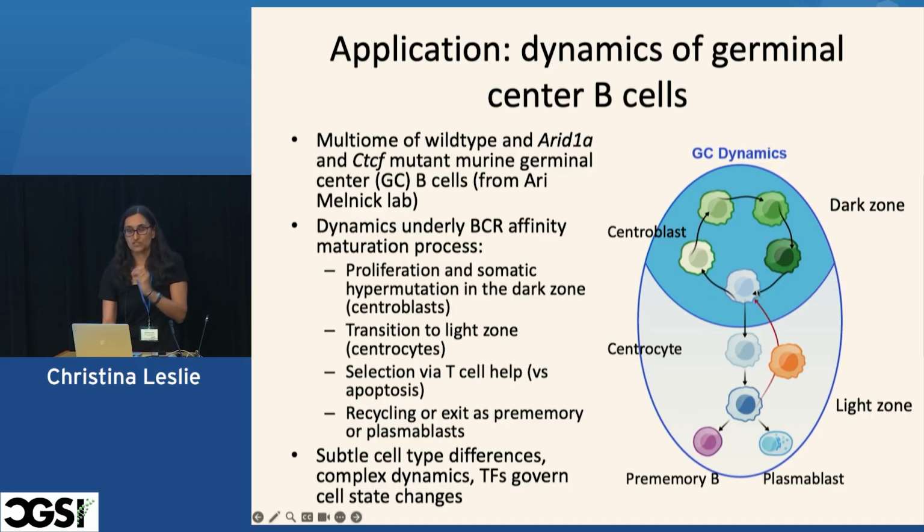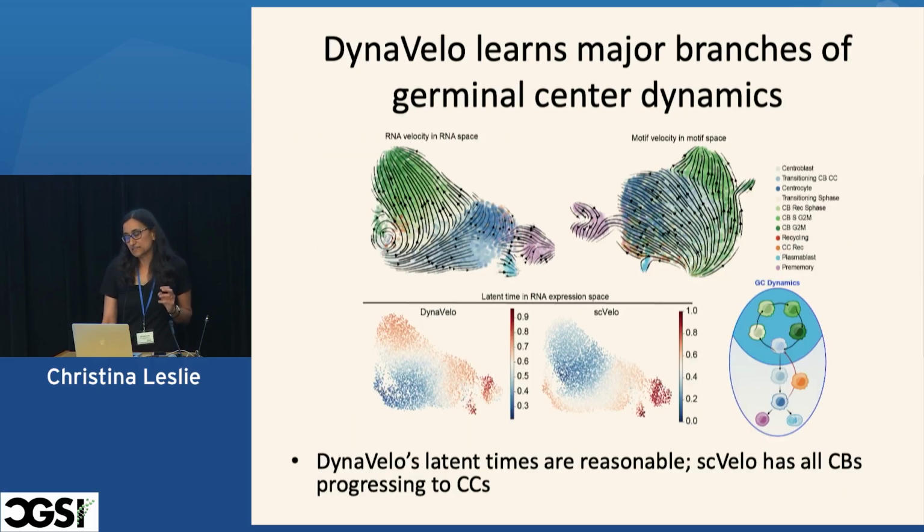They might go back to the dark zone, mutate some more, and eventually, if they survive, they either exit as a plasmablast to make plasma cells that are just going to secrete antibodies, or pre-memory B cells, which make memory B cells for the next infection. They'll be around, okay? So very important, very complicated cycles, 2 exits, right? And we can learn these trajectories, and we can also do in silico perturbations and Jacobian analysis.